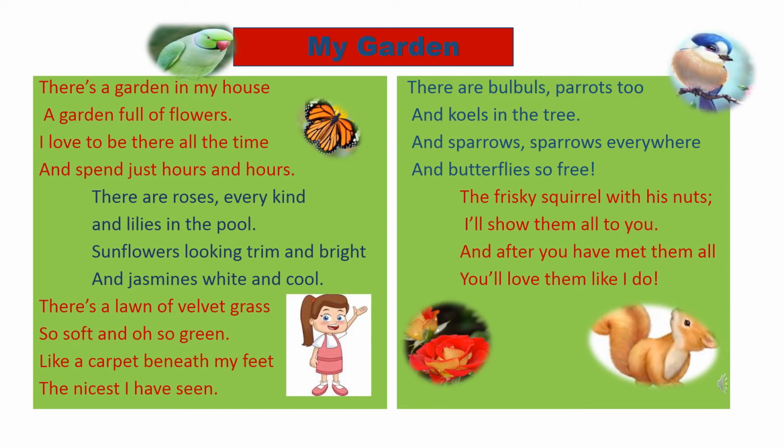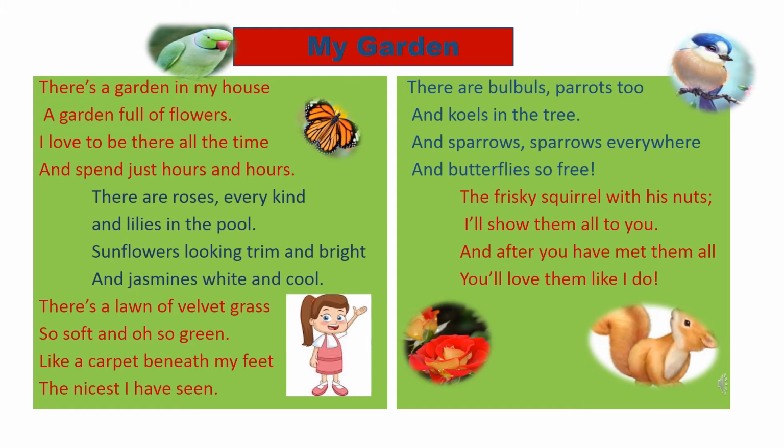Okay, there's a lawn of velvet grass. Children, velvet, what is velvet? Velvet is actually a cloth. It is a very smooth and soft cloth. So here the grass is compared to velvet. So soft and oh so green.